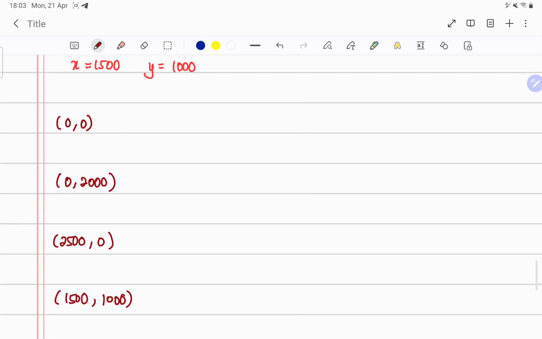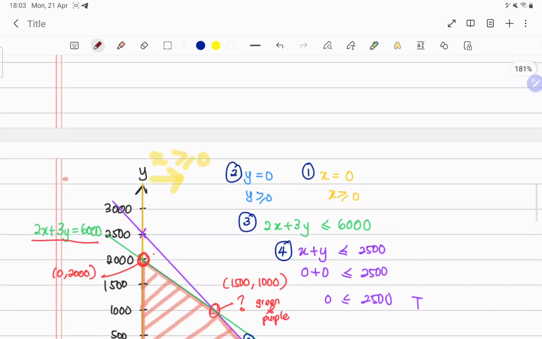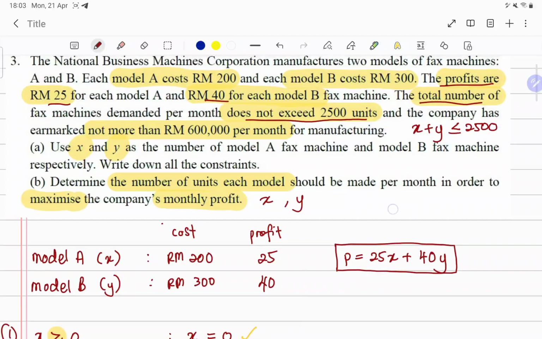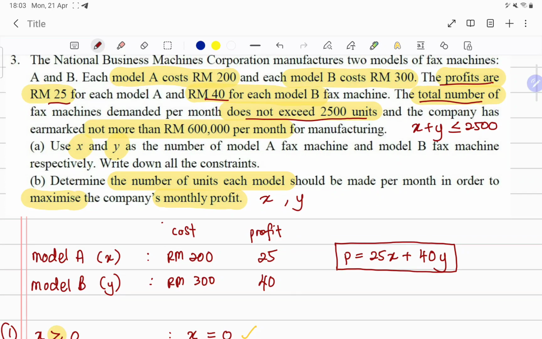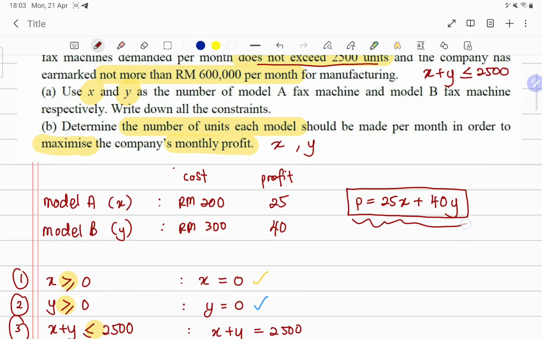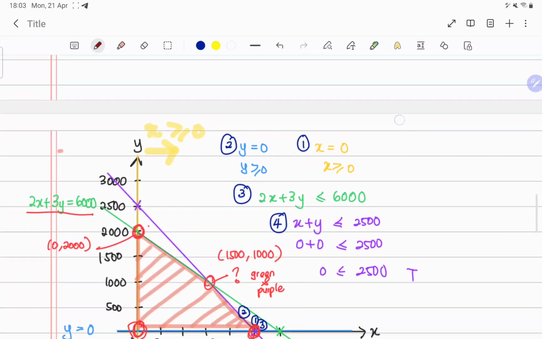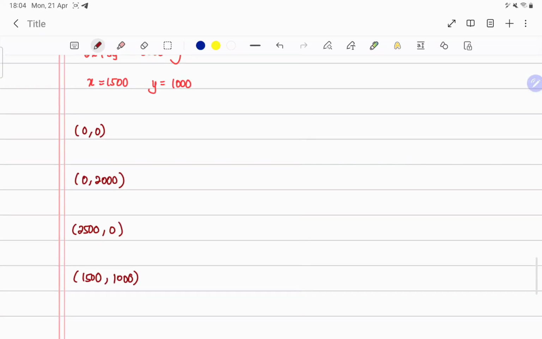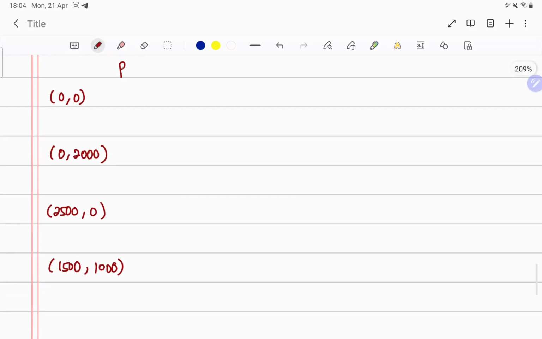If you refer to question B, they want us to find the number of units of each model, which means we want to find x and y in order to maximize the company's monthly profit. So our formula for monthly profit is P equal to 25x plus 40y.